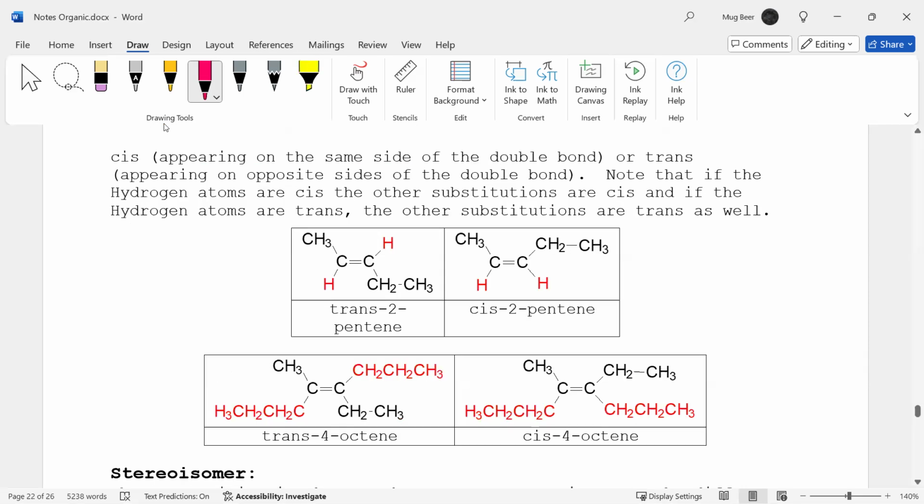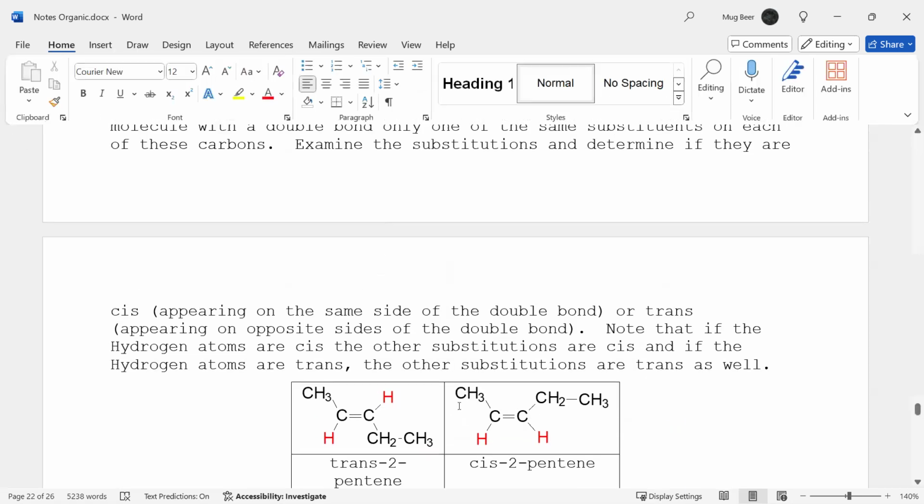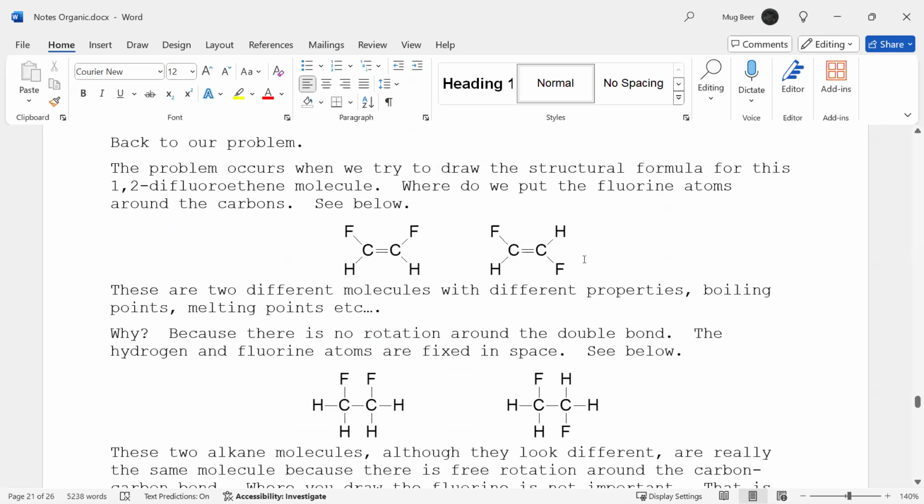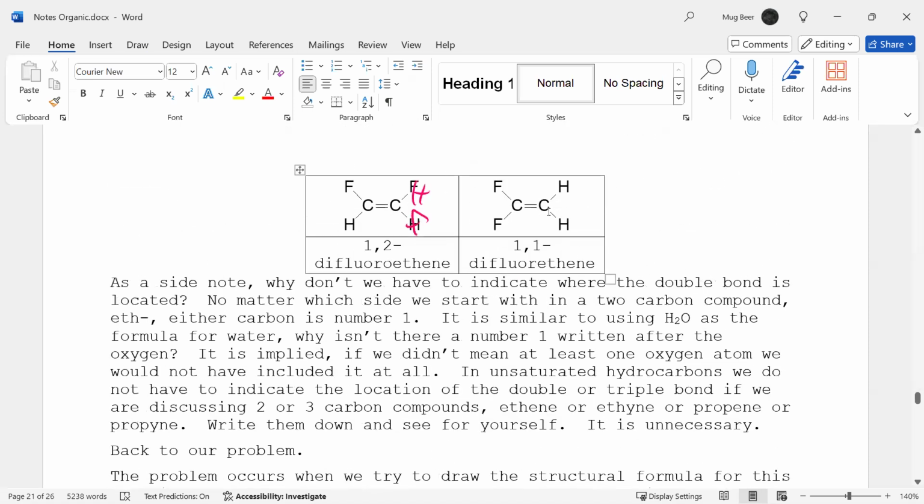Do most double bond molecules have a cis and trans version, or is it only like some? Any double bond, well, no, it would have to. Okay, so like this one right here, no cis or trans, right?